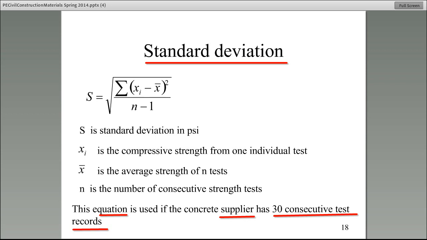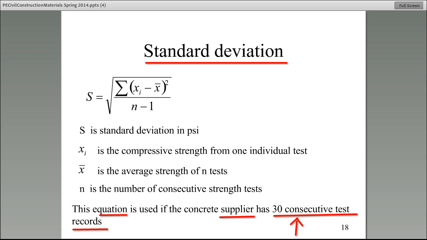Those equations are valid as long as the standard deviation you use for a supplier is based on 30 consecutive test records. That means 30 different mixes that they make. They come up with a standard deviation based on 30 consecutive tests.